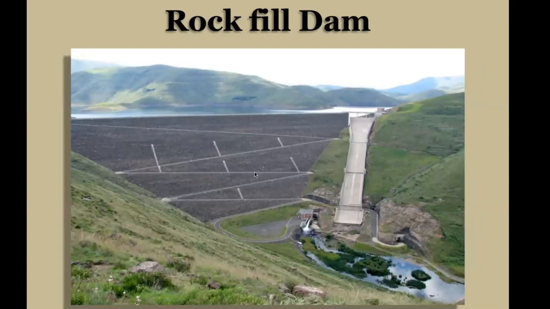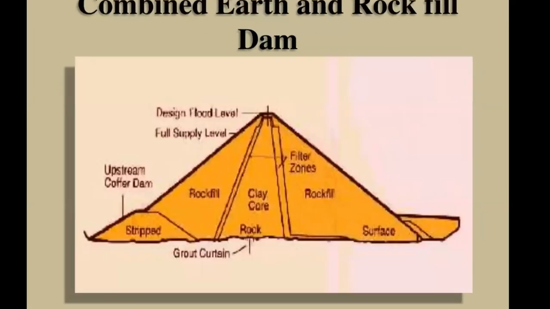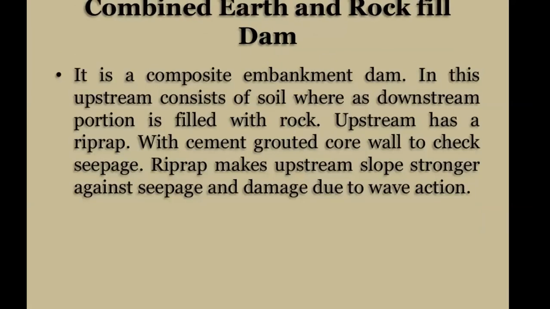So this is an example of a rock fill dam. Next is the combined earth and rock fill dam. This is a modified version of the earthen dam or rock fill dam, where we combine both earth and rock. It is a composite embankment dam.